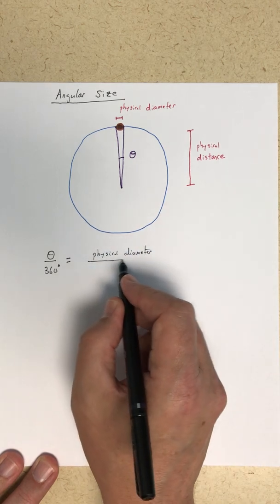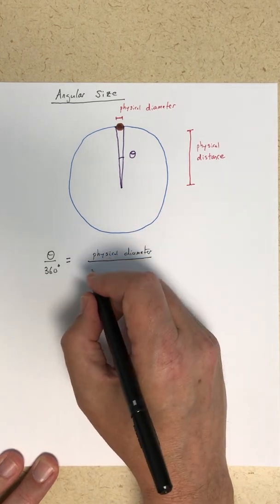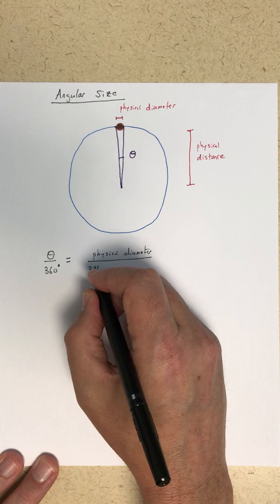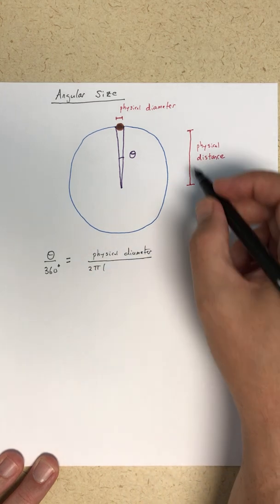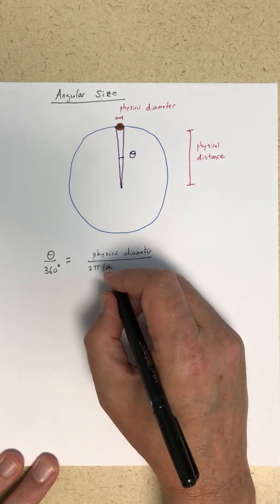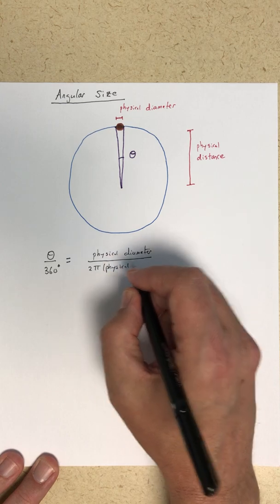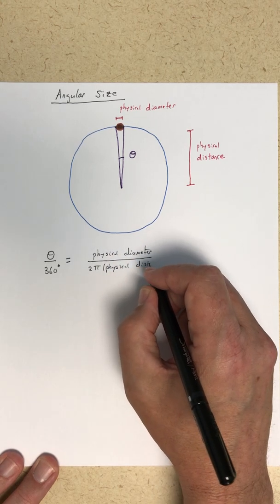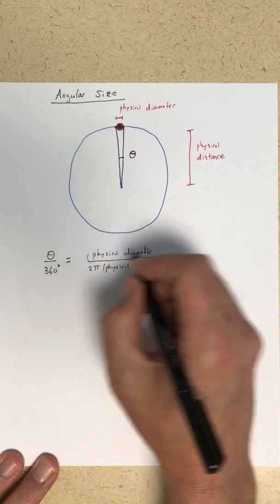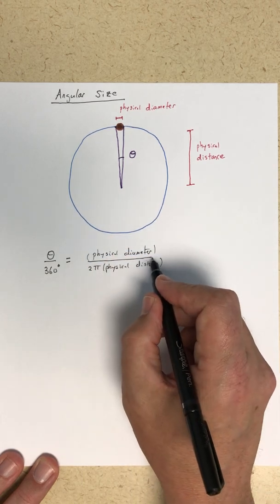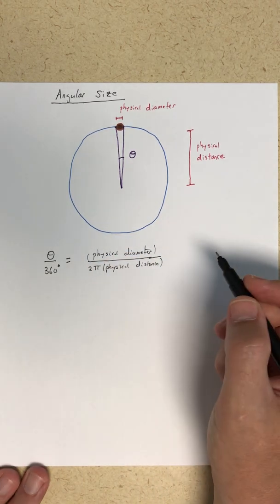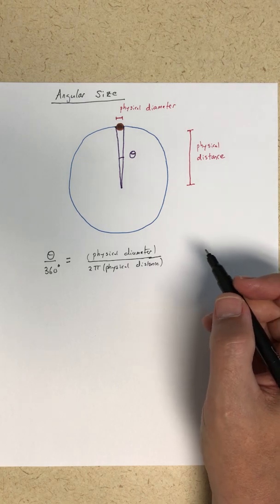So physical diameter over circumference, and circumference is 2 pi times the radius. The radius here is the physical distance. And the word physical just means actual measured values in meters, for example.